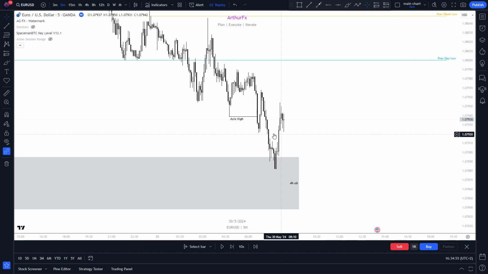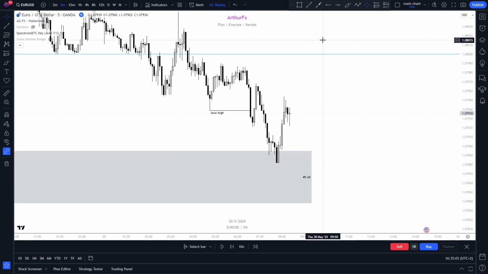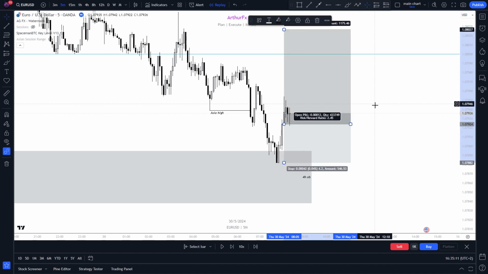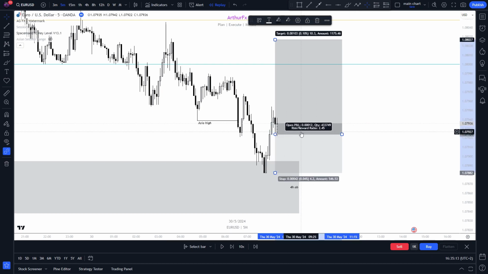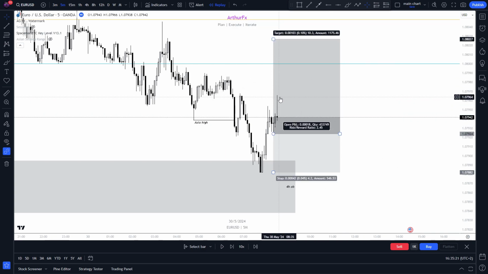So right here is where I was looking at EU before, but then I went downstairs and I missed this move. So this was my first entry that I was interested in from this 5-minute fair value gap, but then I believe price traded up instantly.